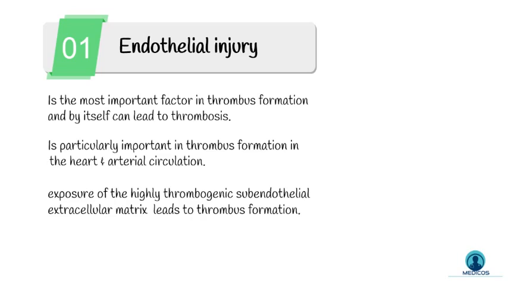Bacterial endotoxin and smoking might also be sources of endothelial injury. Irrespective of the cause of endothelial damage, the final event is exposure of the highly thrombogenic subendothelial extracellular matrix, mainly collagen and tissue factors, upon which platelets undergo adhesion and contact activation.